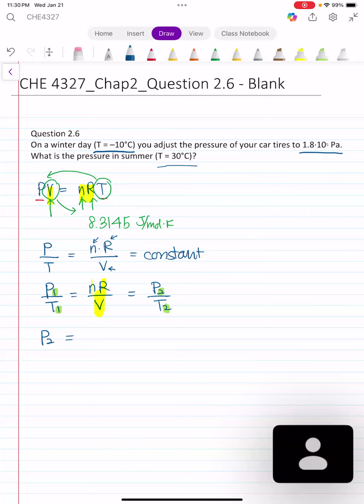Perhaps you can do that. And to move on further, after you do that, why don't you also plug in the numbers and calculate P2 with a calculator. So, okay, here, let's pause again and do this.